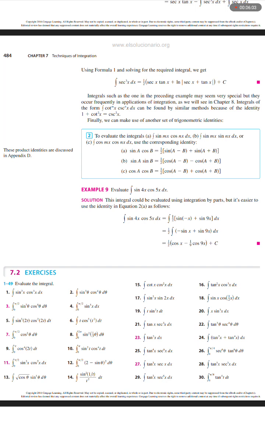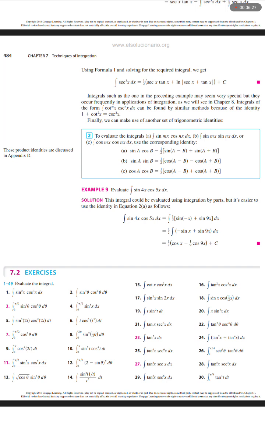Example 9. Evaluate the integral of sine 4x cosine 5x dx. Solution. This integral could be evaluated using integration by parts, but it's easier to use the identity in Equation 2a as follows.